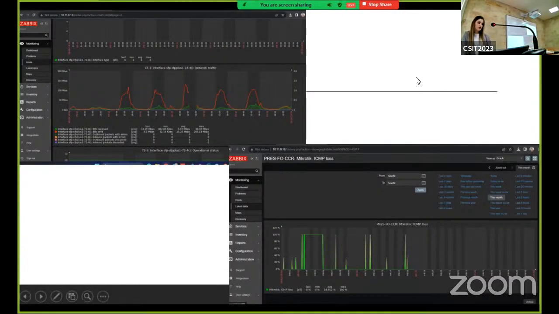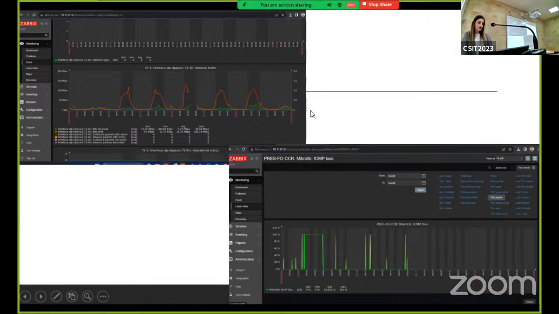And also with the Zabbix monitoring system, we can see graphs of our network traffic, like about links, and we can get data like CPU temperatures, status, and ICMP loss, ICMP ping.